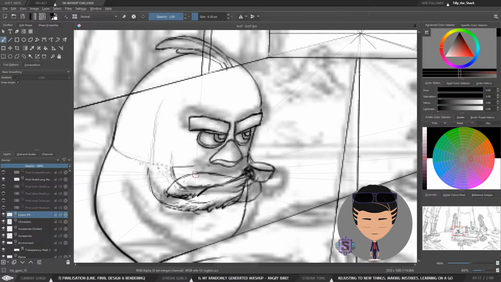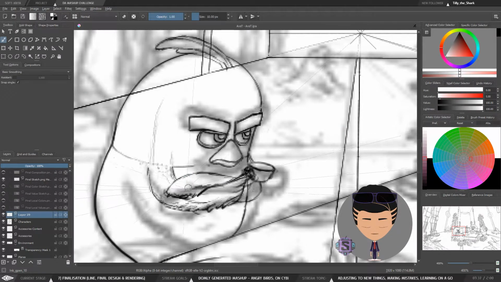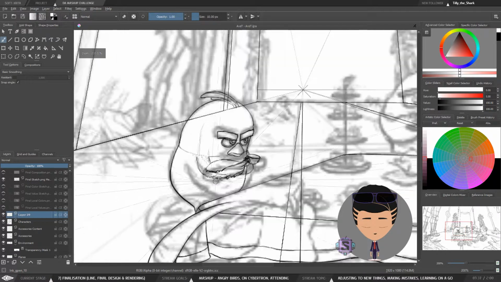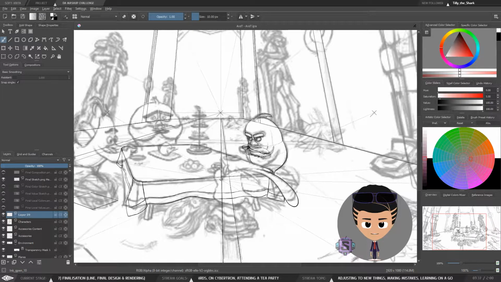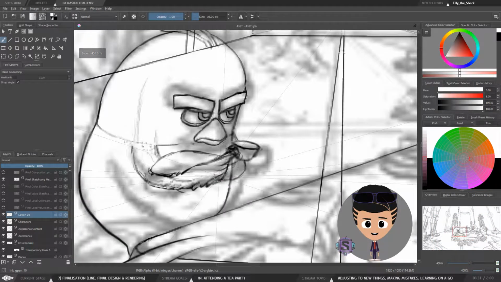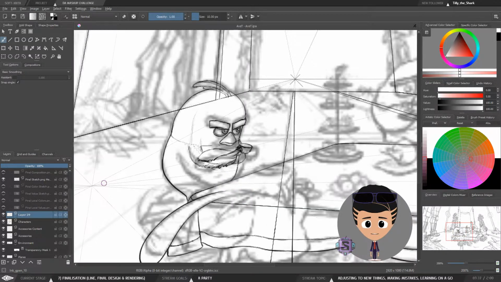Let's change to white and see. It's going to look good. Probably will keep it. And actually it's similar to what I wanted in the sketch.